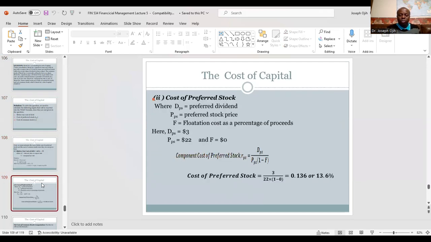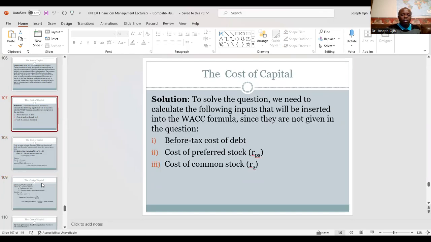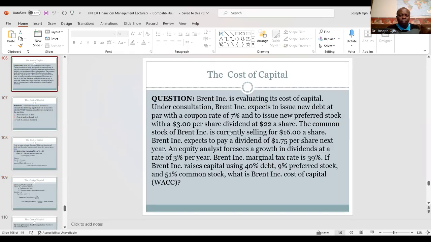So based on what we have, the company expects to issue new debt at a 7% coupon, and to issue new preferred stock with a $3 per share dividend, and the price is $22 per share.